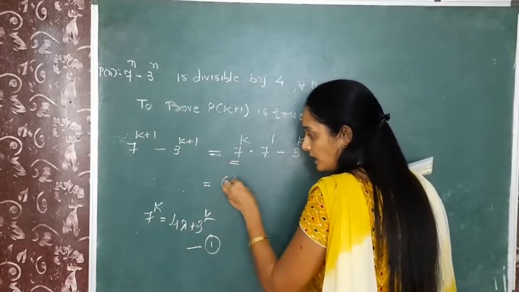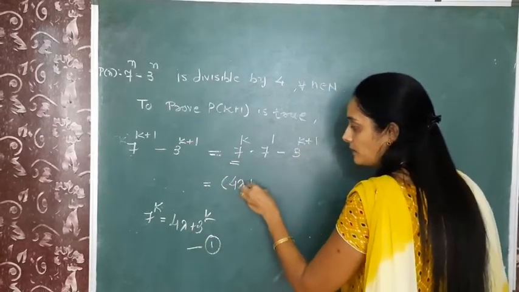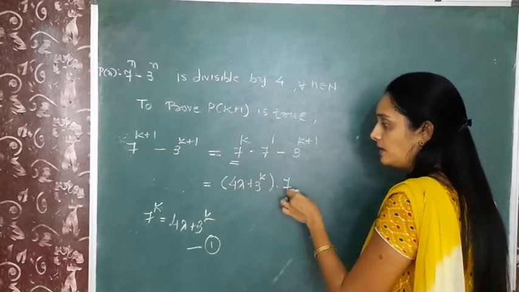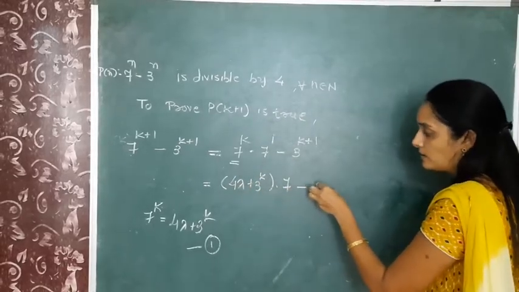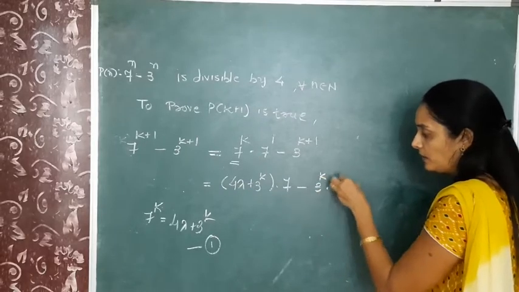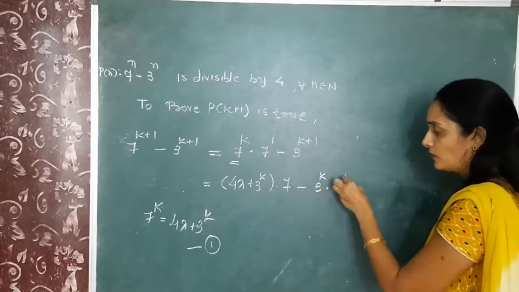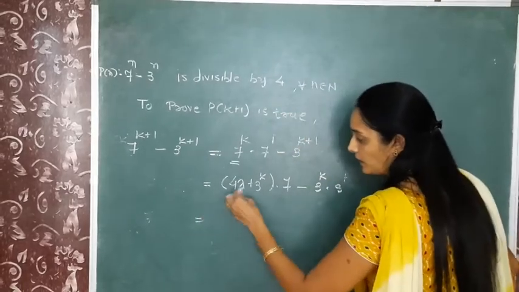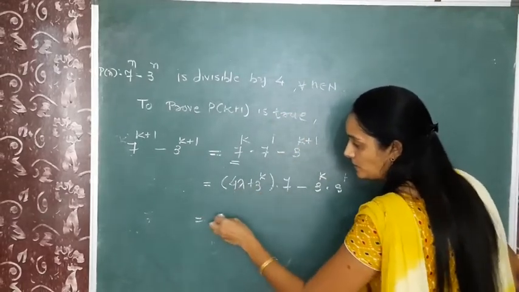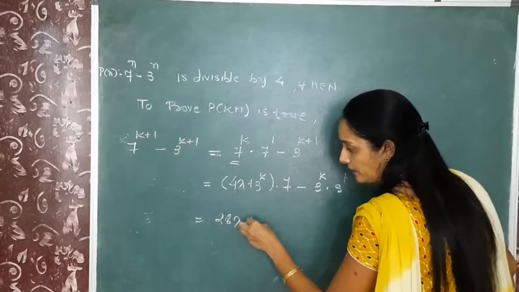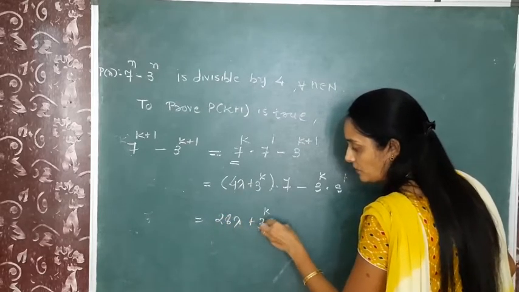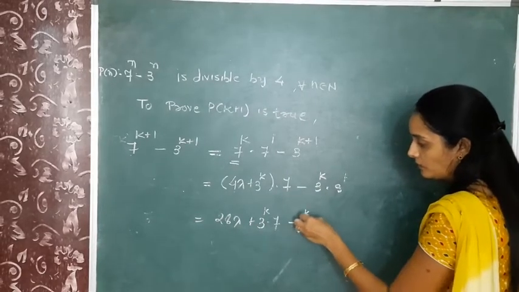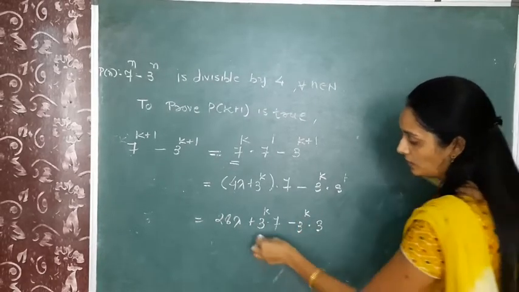So here I can write 4 lambda plus 3 raised to k, into 7 raised to 1, that means 7, minus, I also split this term, 3 raised to k into 3 raised to 1. Now we open the bracket, that means 7 fours are 28 lambda plus 3 raised to k into 7 minus 3 raised to k into 3.